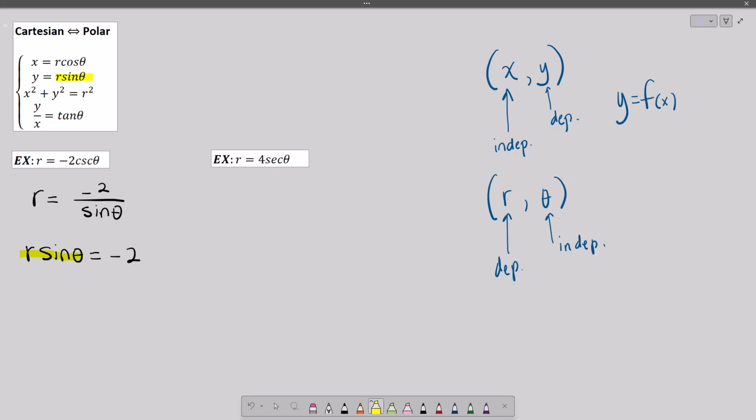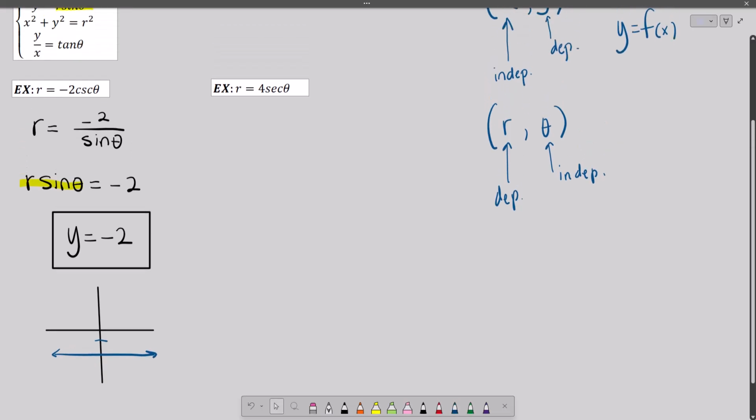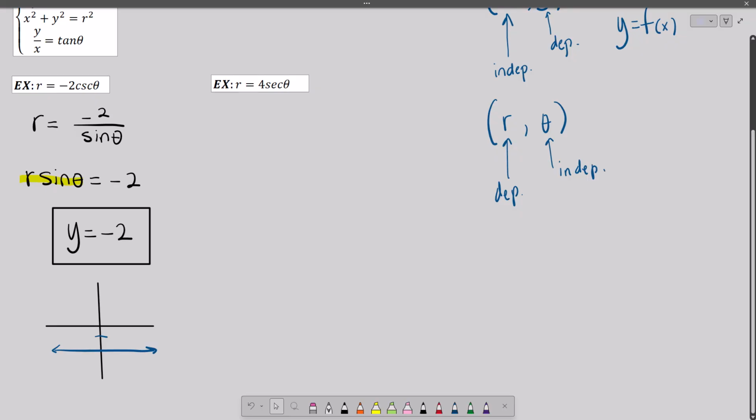And so we can take that r sine of theta and just replace it with a y. So here is our Cartesian equation. And what's the graph of that? A horizontal line. So now we know what a horizontal line looks like with an equation in polar. If you have r equals 5 cosecant, you'd have the horizontal line of 5. If you have r equals 10 cosecant, you have the horizontal line of 10. So that's what horizontal lines look like in polar.